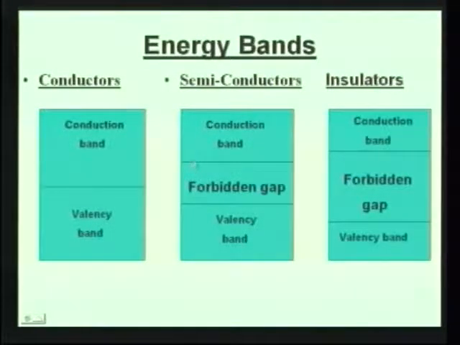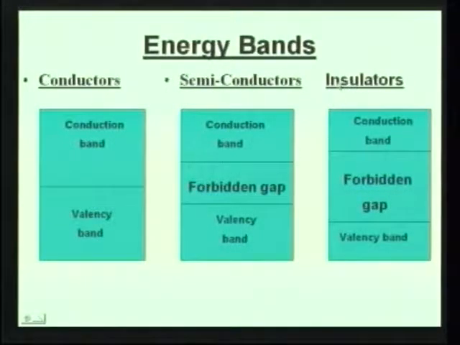This gap is less. In case of semiconductors, we have 4 valence electrons. So, for the electrons to be removed from the outermost orbit or to come from valency band to the conduction band, the gap is less.